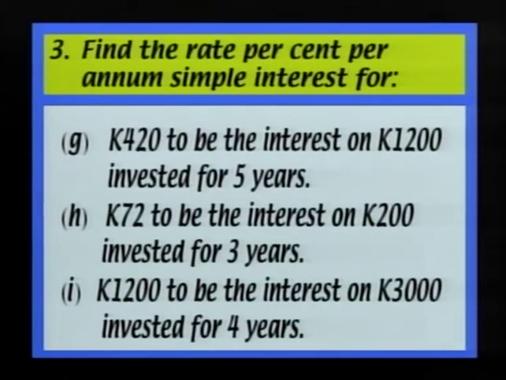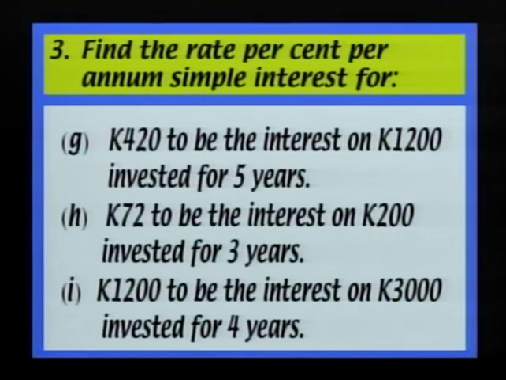Number 3, Kiapin. Letter G, you have to find the rate. 4% per annum. 4%, is it 4? I've got 7. Check your working out, Kiapin.